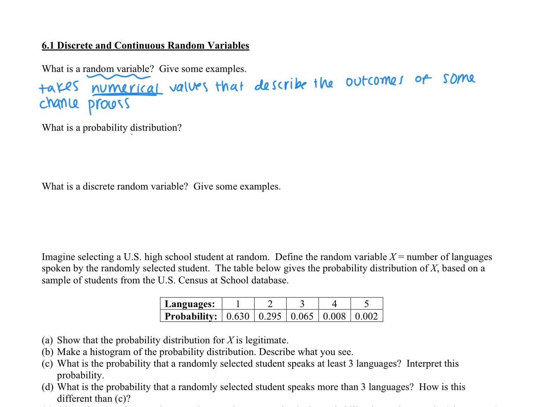Okay, the word distribution always has the same meaning. We've seen distribution before. Distribution always means it's a way to show the possible values or outcomes and how likely they are.